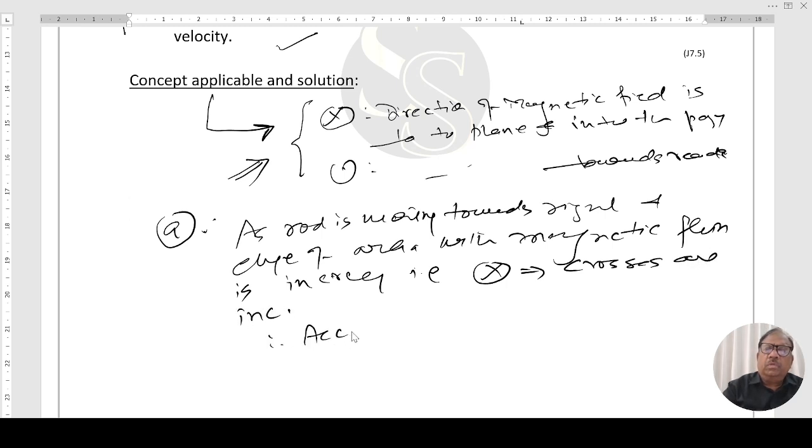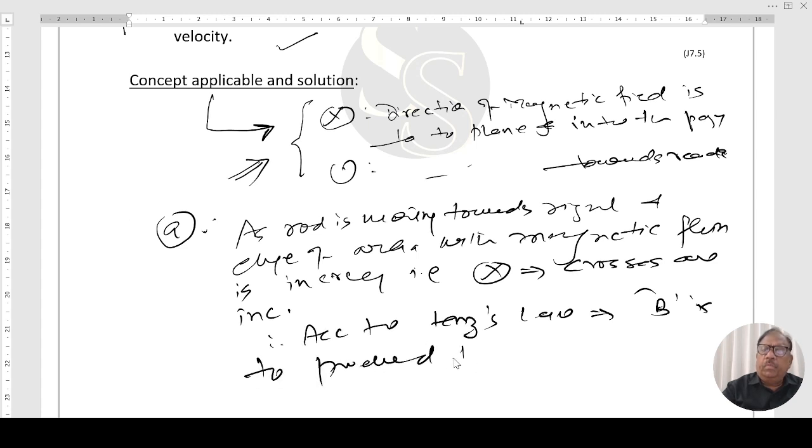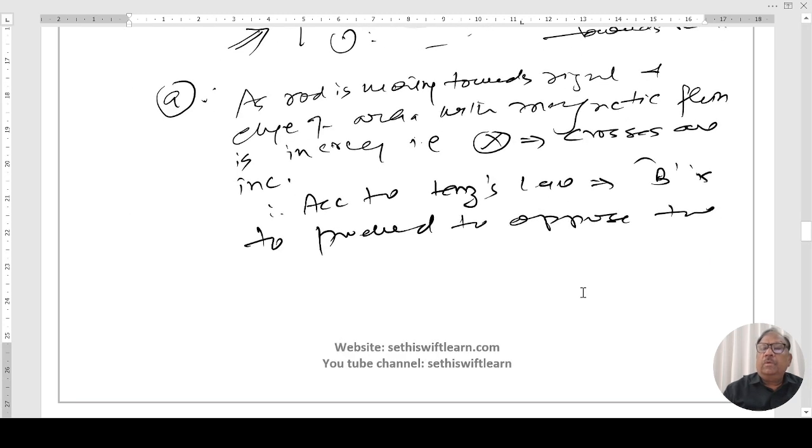Therefore, according to Lenz's law, a magnetic field is to be produced to oppose the increase in this flux.